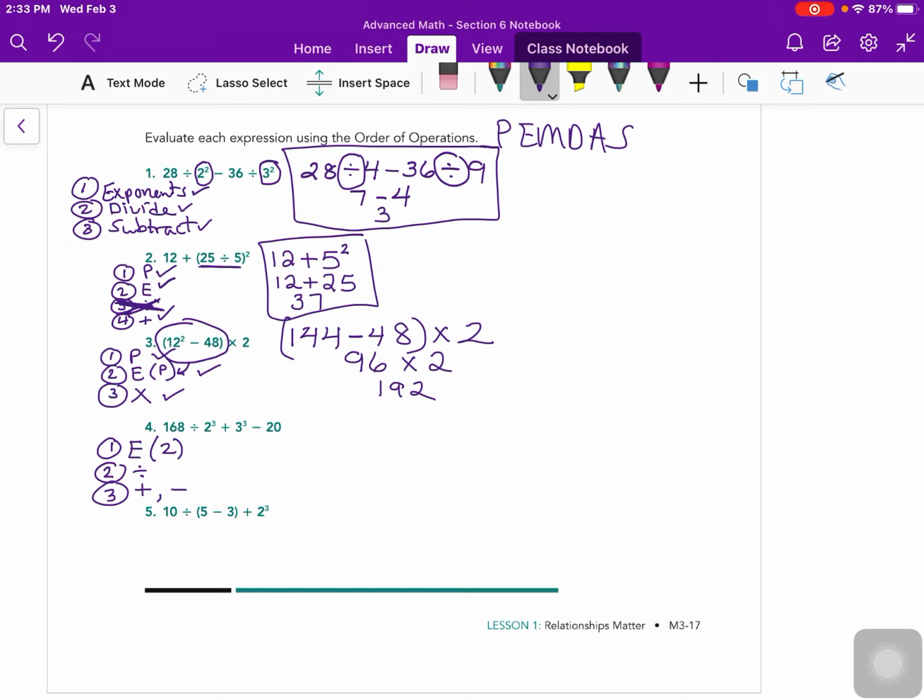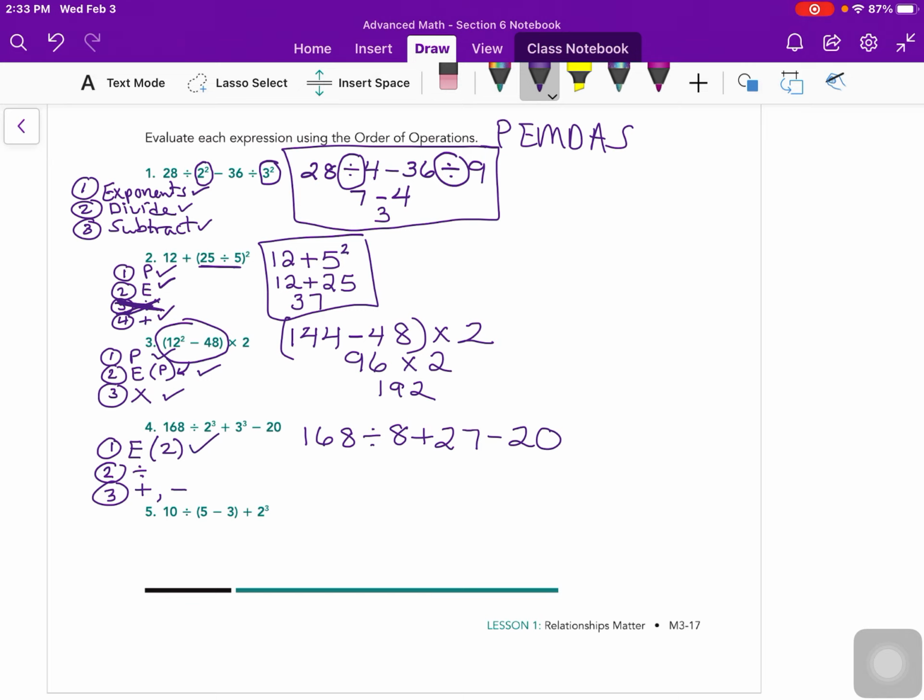No parentheses, but exponents is my first thing. So I'm going to take 168 divided by 2 to the third power, which is 2 times 2 times 2, which I know is 8, plus 3 to the third power is 3 times 3 times 3. Well, 3 times 3 is 9, times 3 is 27, minus 20.